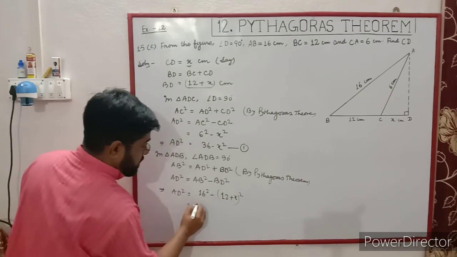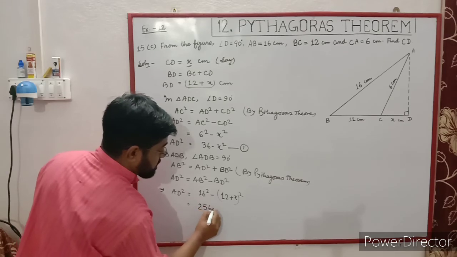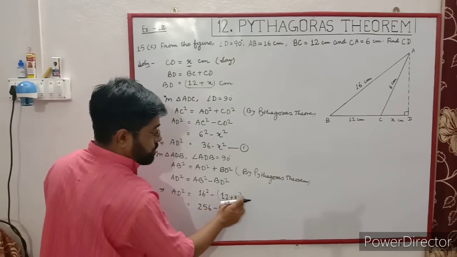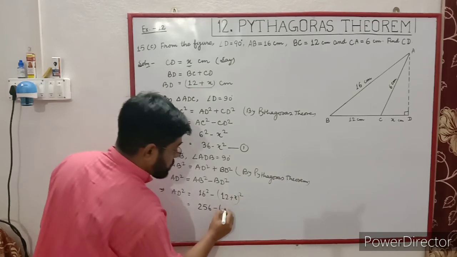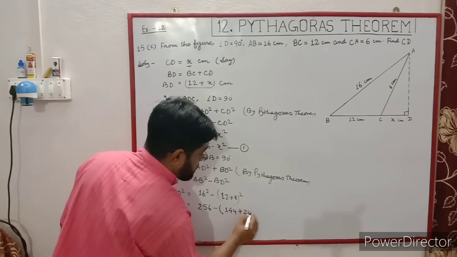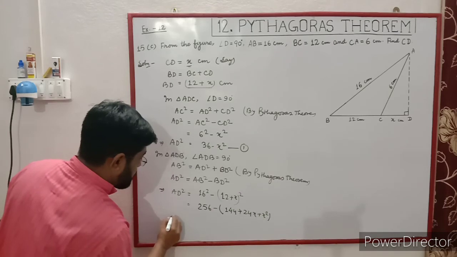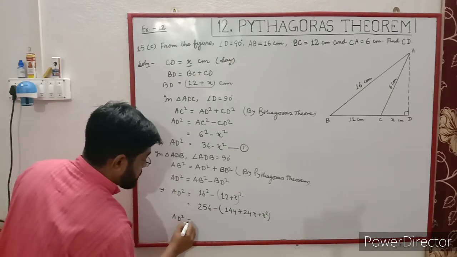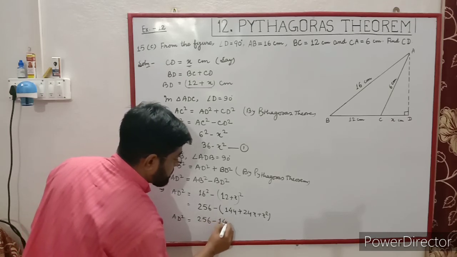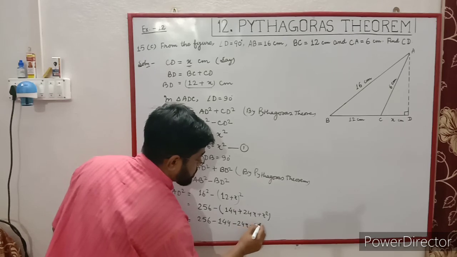Now simplify. 16 squared becomes 256 minus 12 plus x whole square, which is in term of a plus b whole square, so 144 plus 24x plus x square. Now AD square is equal to 256 minus 144 minus 24x minus x square.